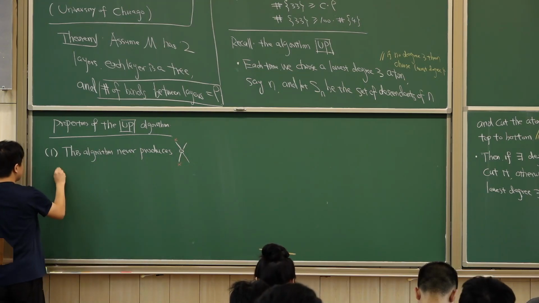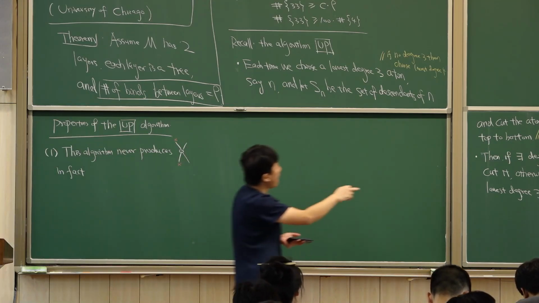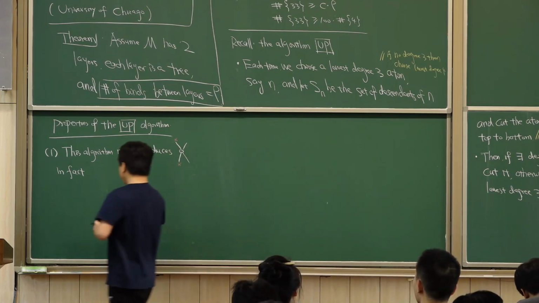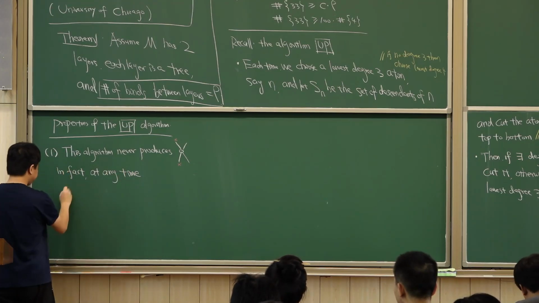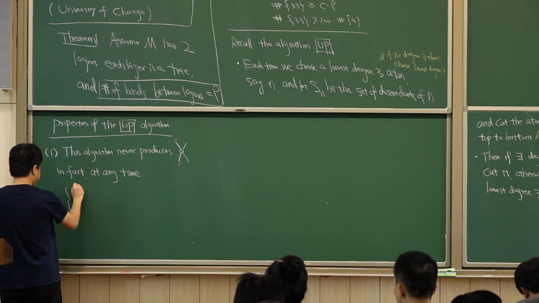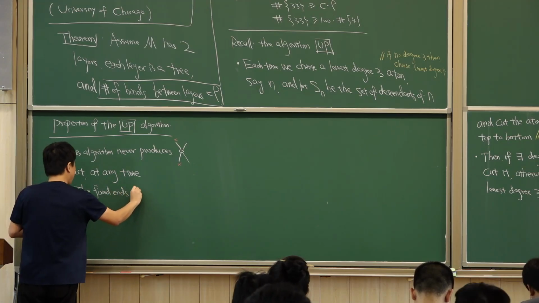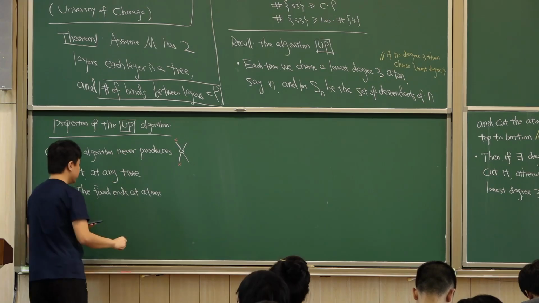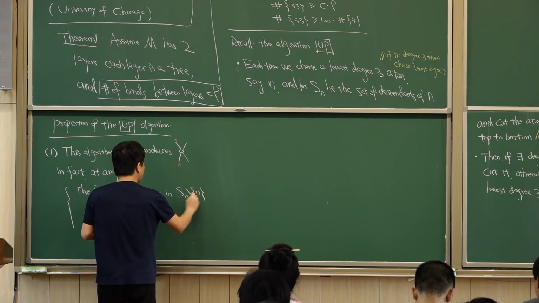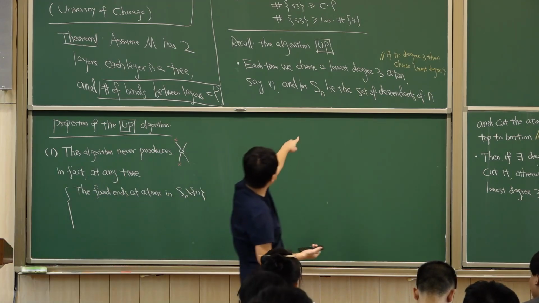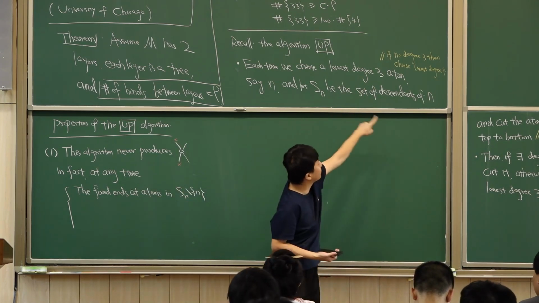In fact, what happens in the execution of this algorithm is that at any time the fixed ends at atoms in Sn minus n... Remember, at each time we have this atom n, which is a lowest degree 3 atom, and Sn is a set of descendants of the atom n.